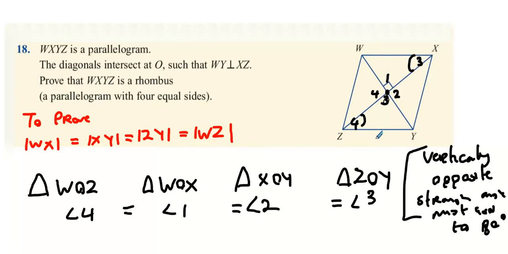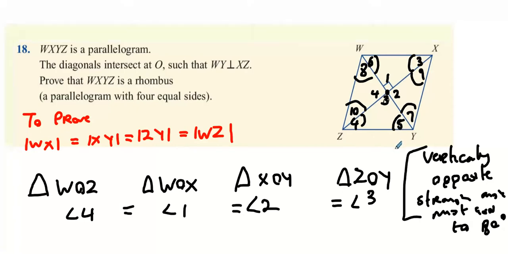Okay, then what else can I say? That's angle 5 and that equals angle 6. What else can we say? Angle 7 equals angle 8. And then what other angles do we have? 9 and 10, all right.